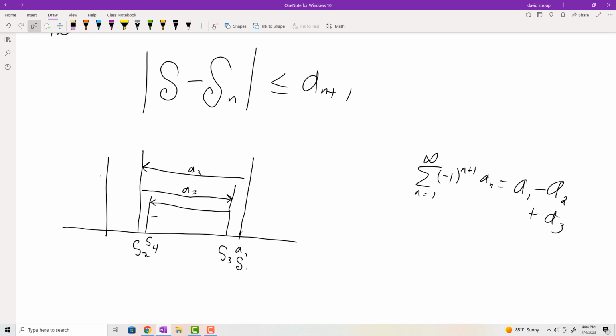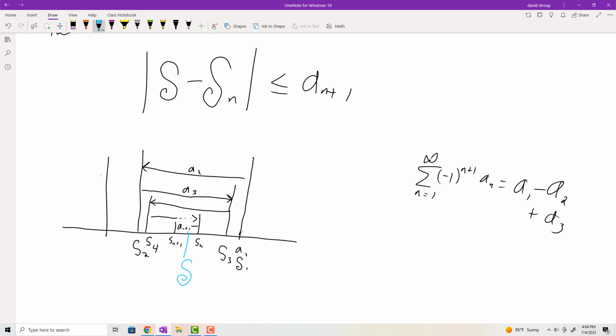Maybe you get all the way out to s sub n. But the next movement is going to be a sub n plus 1, and then this will be s sub n plus 1. And intuitively, and it's a little scary to use your intuition in math, we could say that the actual value of the sum is in there somewhere.